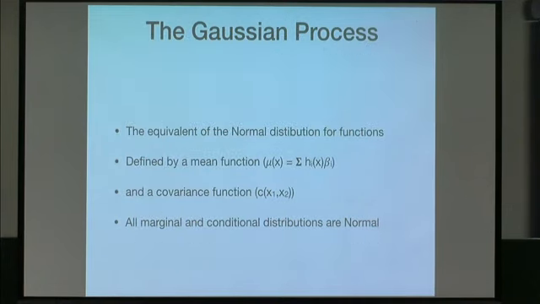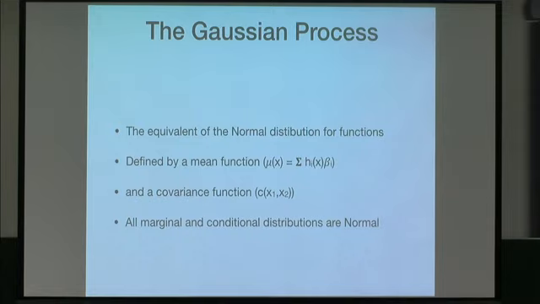So we want to model the model, and there are a number of ways you could do that, but in general we use a thing called the Gaussian process. So the Gaussian process is a stochastic process, and it's the equivalent of a normal distribution but for functions. So rather than just getting a distribution of numbers, I have a distribution of smooth functions.